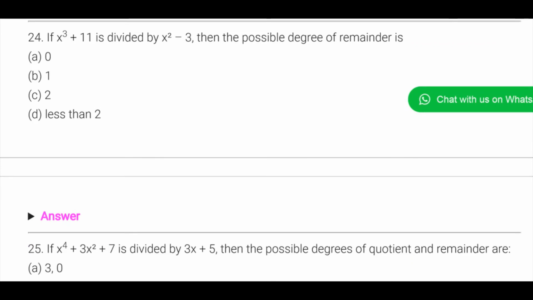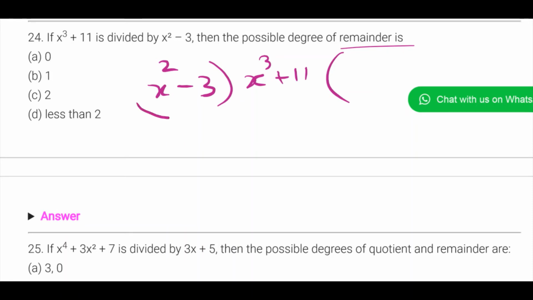If x cube plus 11 is divided by x square minus 3, then the possible degree of remainder. So in this question he asked the remainder degree. The dividend is x cube plus 11 and the divisor is x square minus 3. The degree of the divisor is 2 here.